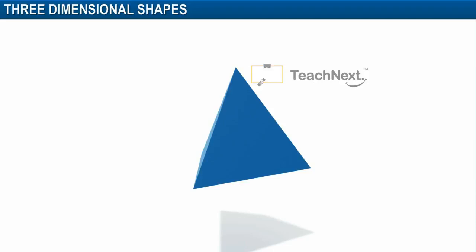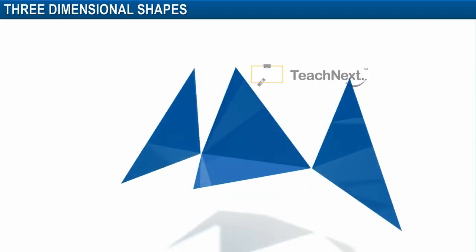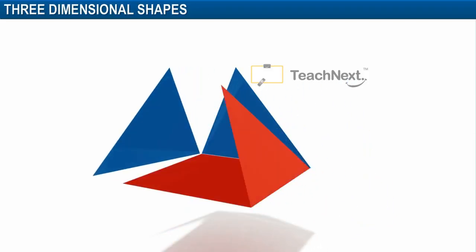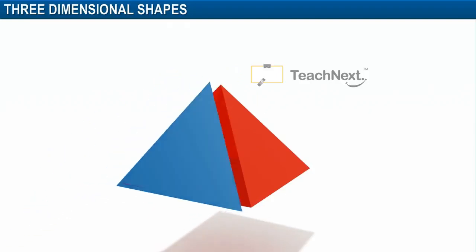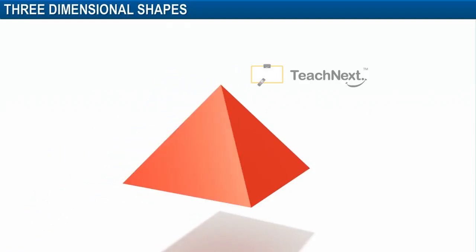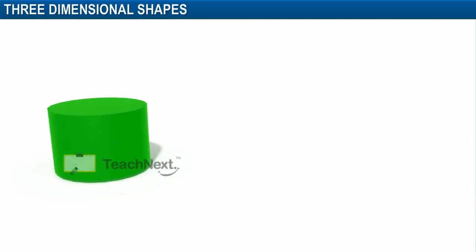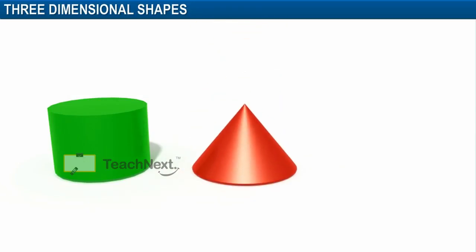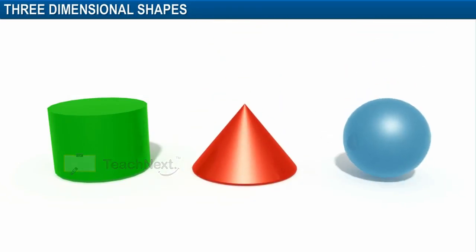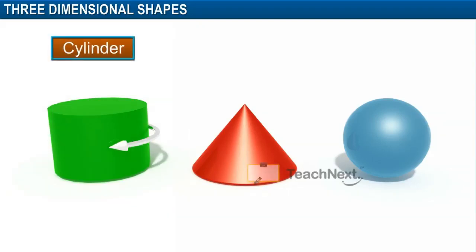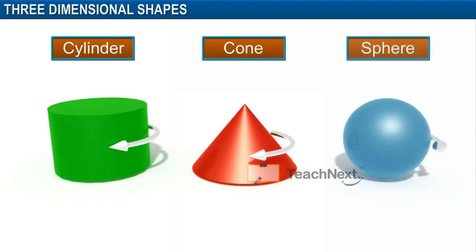If we replace the triangular base with a square base and add another triangular face, we get a square pyramid. Now, let's look at some other solid shapes that do not have flat surfaces. For example, a cylinder, a cone, and a sphere.